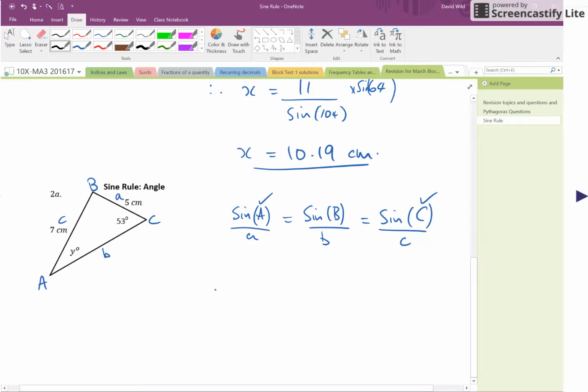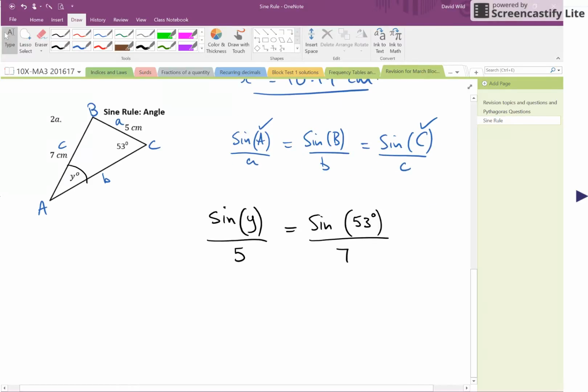So we have the sine of my angle A, and the angle A is y, that's the thing that we don't know, divided by my length a, which is 5, equals the sine of C, so that's the sine of the angle C that I know, which is 53 degrees, divided by the opposite side, which is 7.